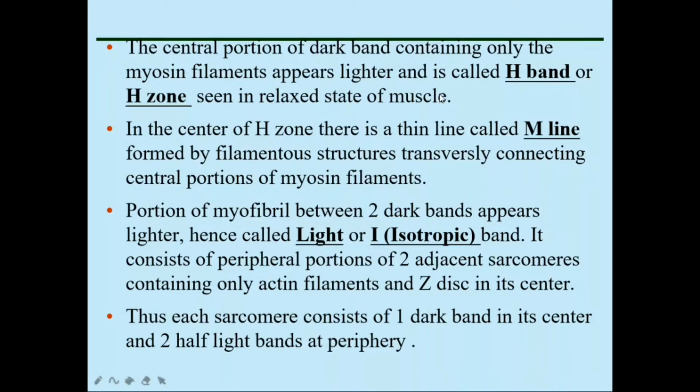The portion of myofibril between two dark bands appears lighter, and hence it is called as a light band or isotropic band, that is I band.